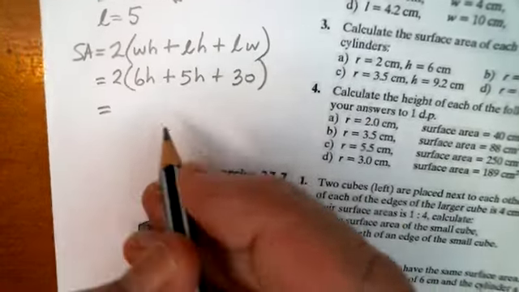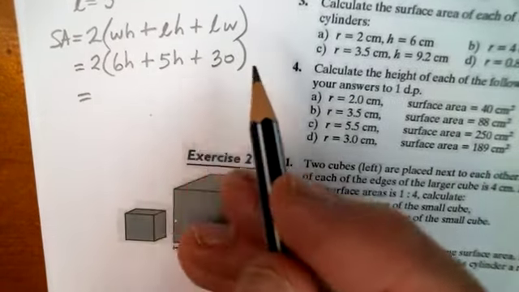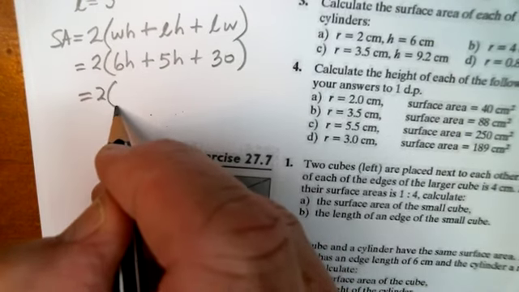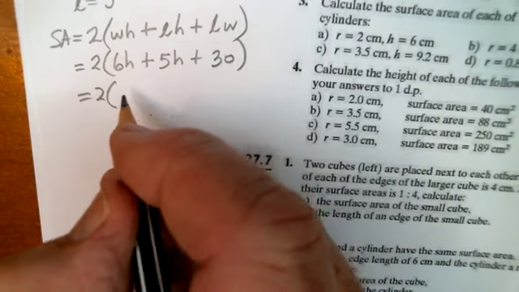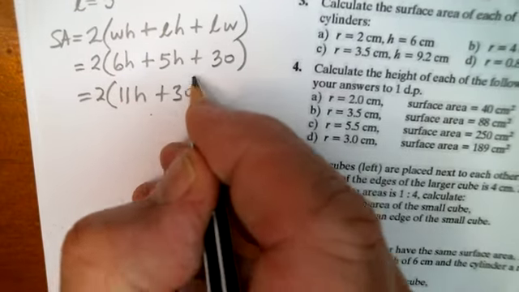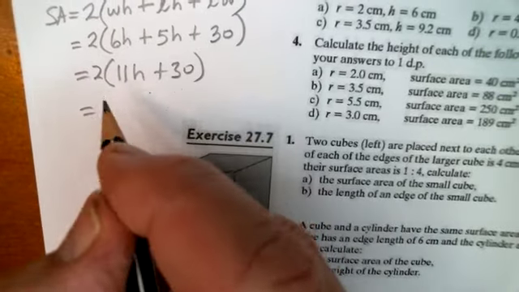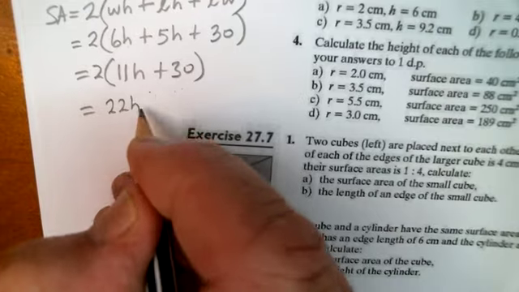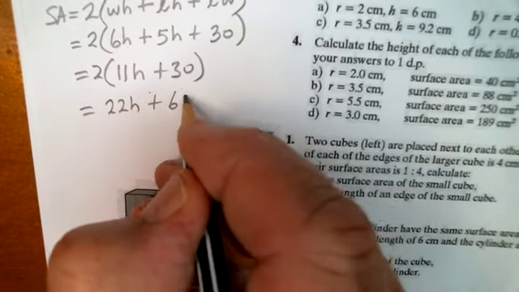And that's going to equal, let's expand all this out. So I've got 6h and 5h. It's going to be two lots of 6 and 5, which is 11h, plus 30. So I can expand all this out. So I've got two lots of 11h, 22h, plus two lots of 30 is 60.